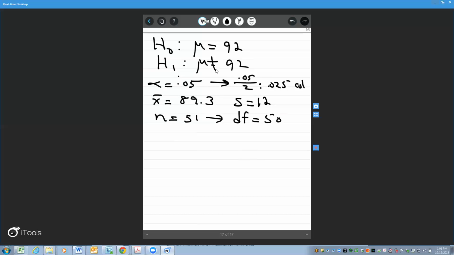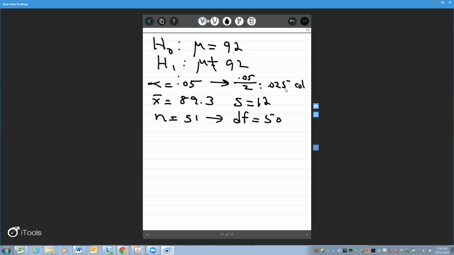Well, this is a two-sided test now. I'm not giving an indication of direction. I'm just saying that I think the mean is not equal to 92. So I could either go out too far to the right or too far to the left. So I need to split my error of 5% into the two possibilities, leaving me with 2.5% on one end and 2.5% on the other.